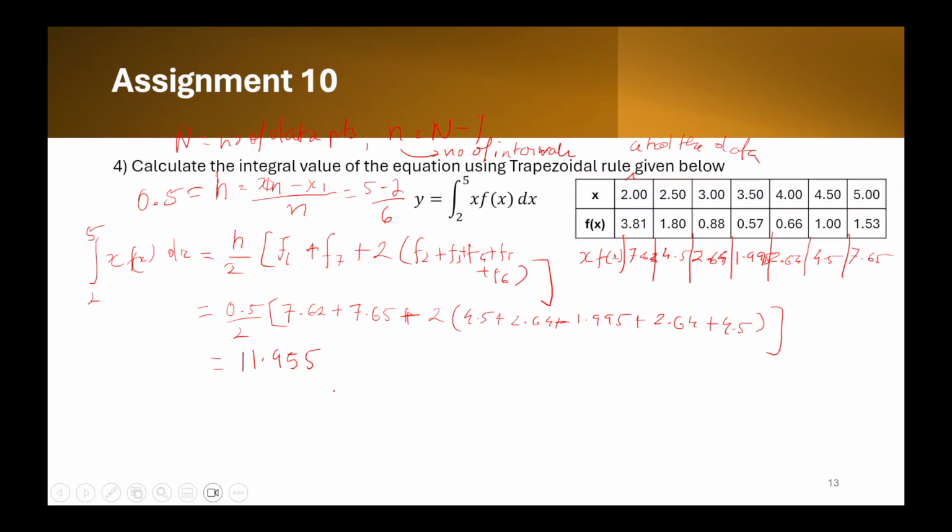We get the value as 11.955. There is some issue here. This is close by. This will be 11.955.